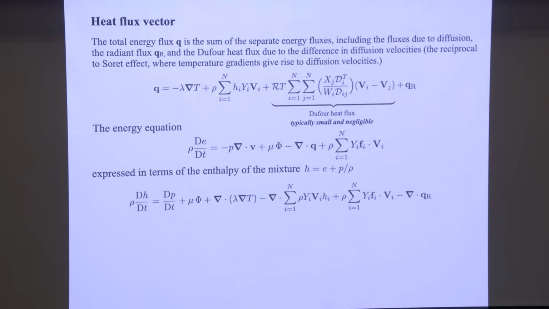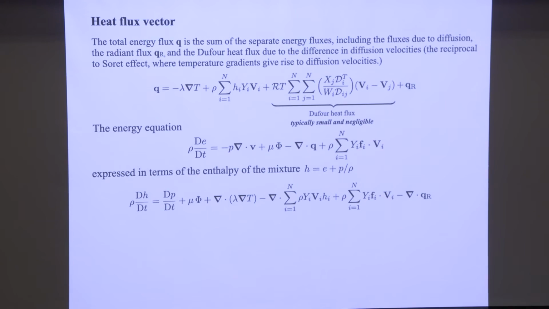This is a copy from an equation I derived earlier. And when you substitute for Q the first two terms, neglecting the Dufour term, here is the first one, here is the second one. So there are some terms here that still need to be discussed or perhaps simplified in some way.